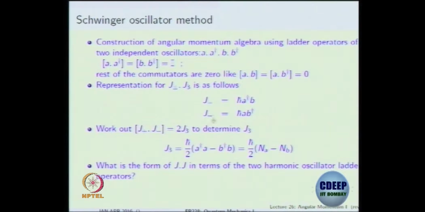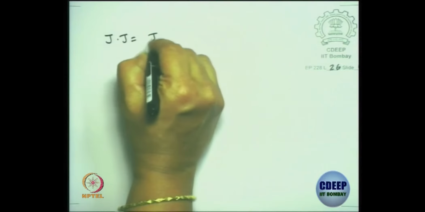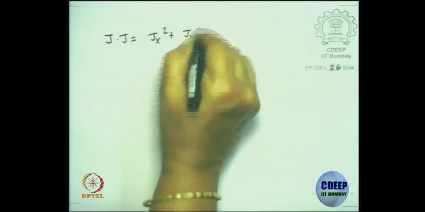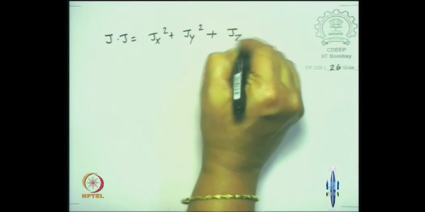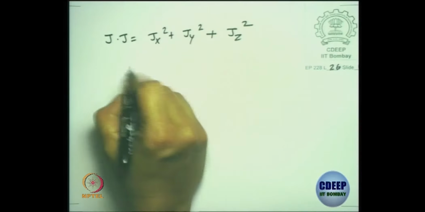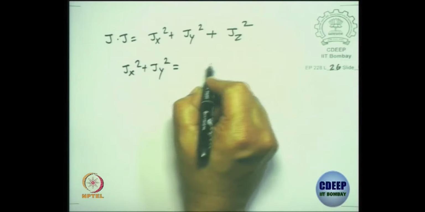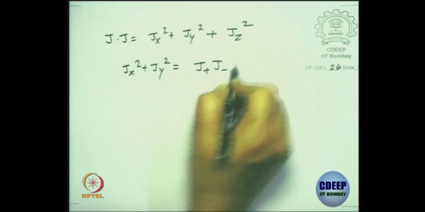Once I know J plus, J minus and J3, can I write J dot J in terms of J plus, J minus and J3? Someone? What will that be? Can I write this Jx squared plus Jy squared as J plus J minus?